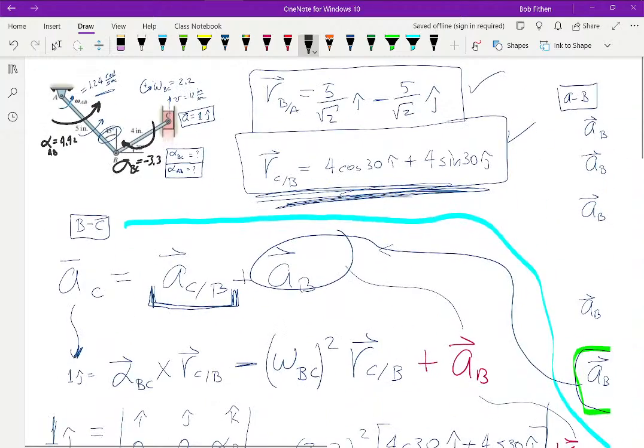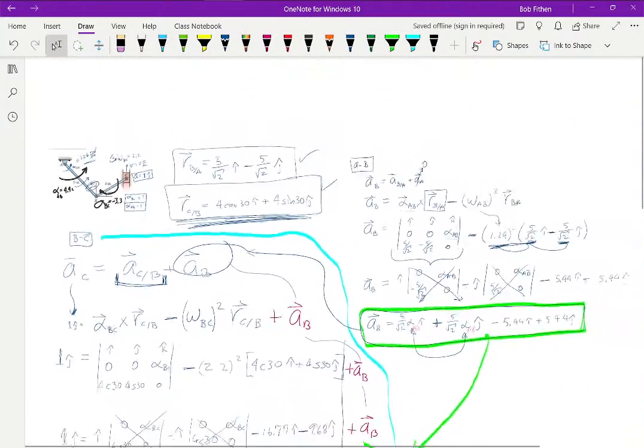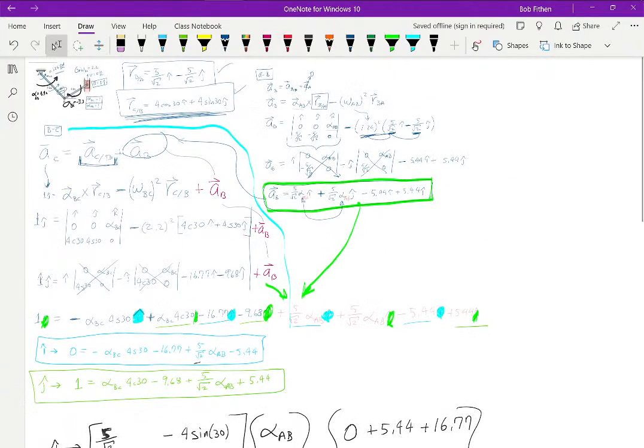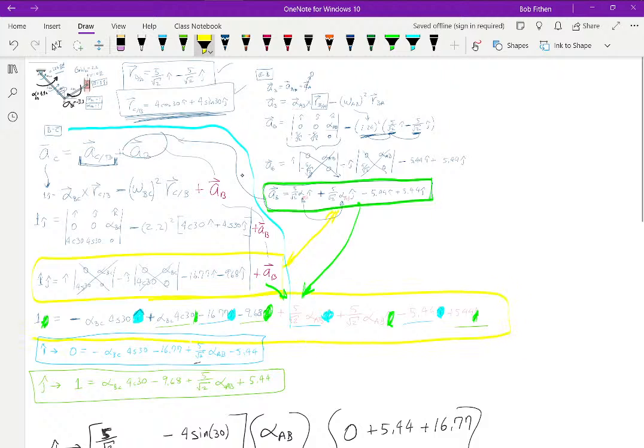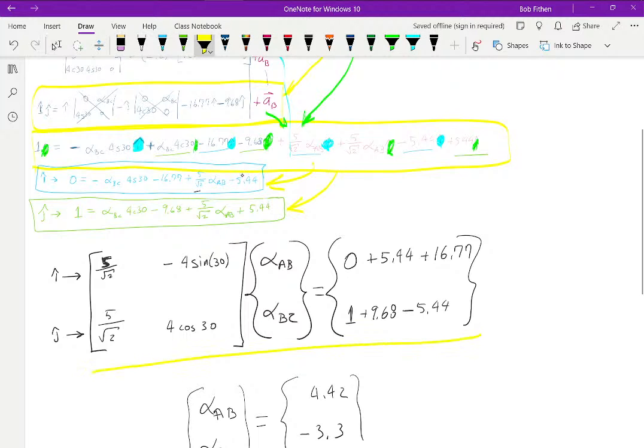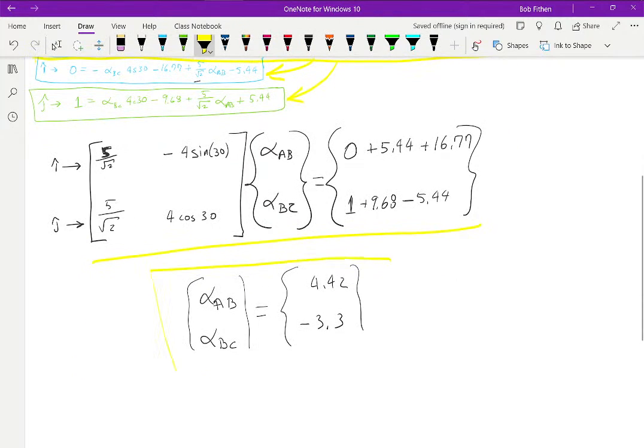The key to these is being systematic. You stay systematic and break them into their components. Technically, I could have said this is kind of the corollary to that, but we combined them here, broke them by components, ended up with two equations, two unknowns, and solved our two unknowns.